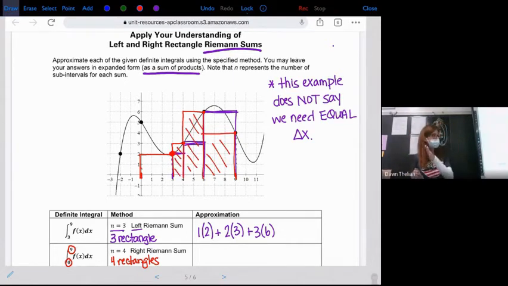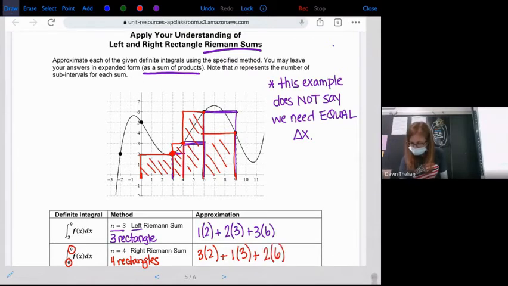Notice the height started at the right and then I drew it back to the left. So then base times height, base times height. The next base is 2, height is 6. Next base is 3, height is 9.